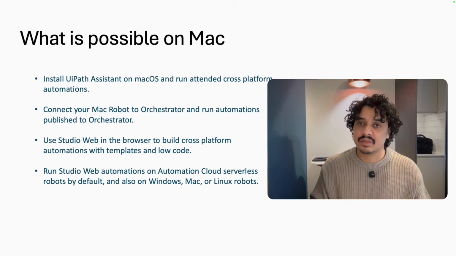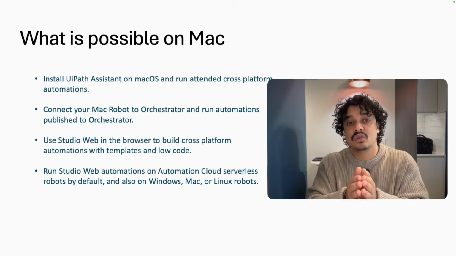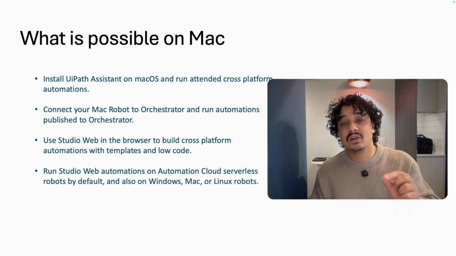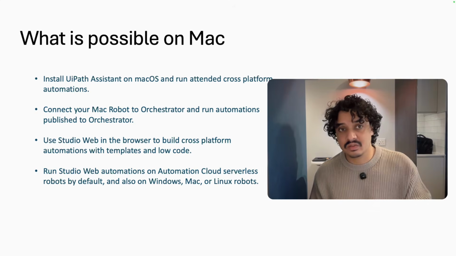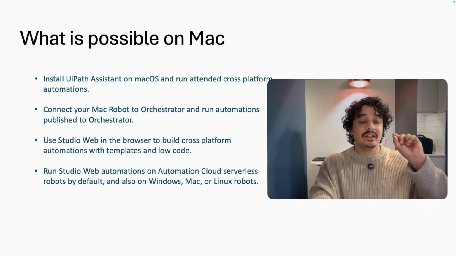So all of that happens. The only caveat is that you should have the automation created as a cross-platform automation and not an OS-dependent automation. So these are the things which are possible on the Mac. Let's go to the next one.